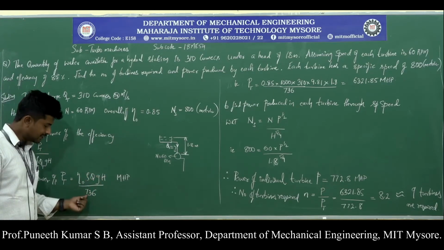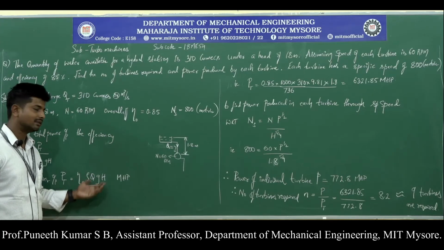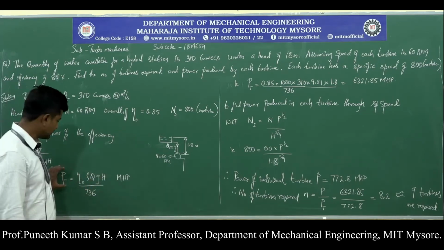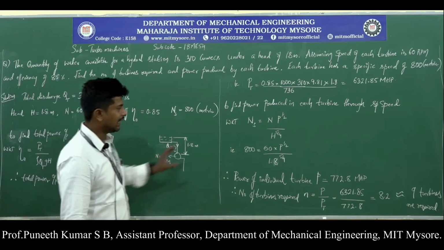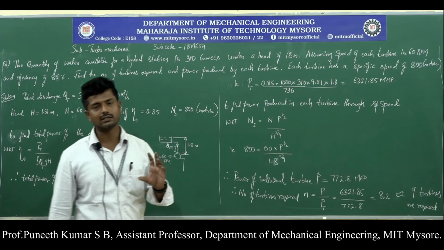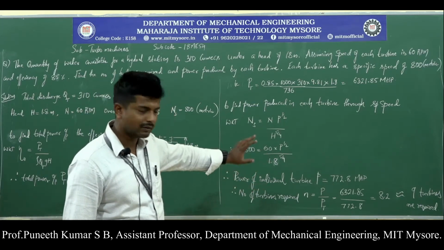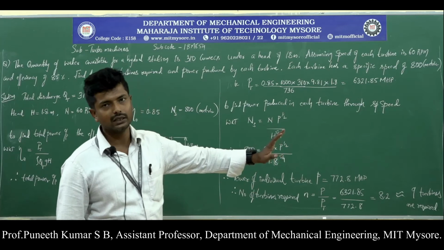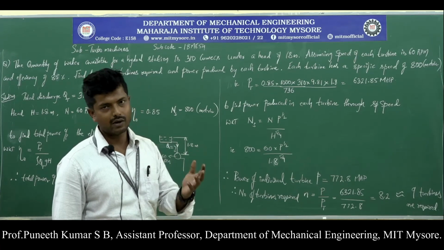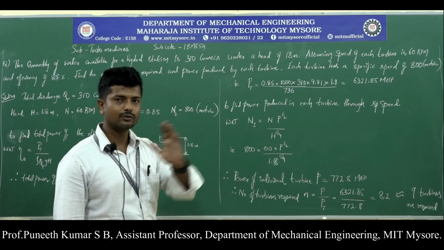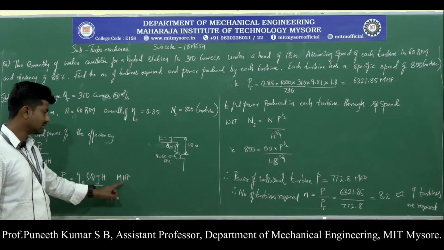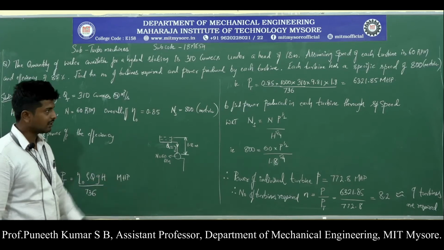If you don't divide this equation by 736, you will directly get it in watts. Then the total power would be in watts and the individual power in metric horsepower, there would be no unit consistency, and we would surely end up with a wrong answer. So it should always be taken care that while multiplying, dividing, adding or subtracting, there is unit consistency. For that reason, I have converted the total power into metric horsepower.